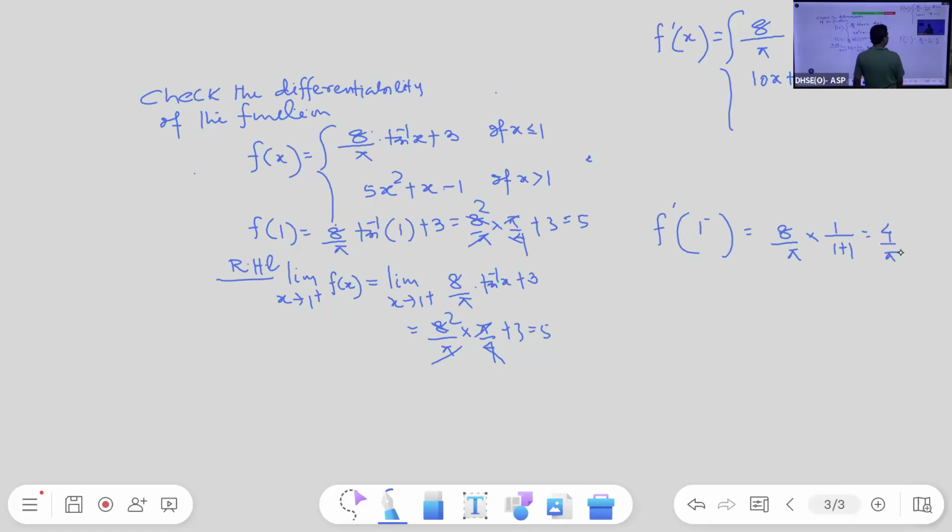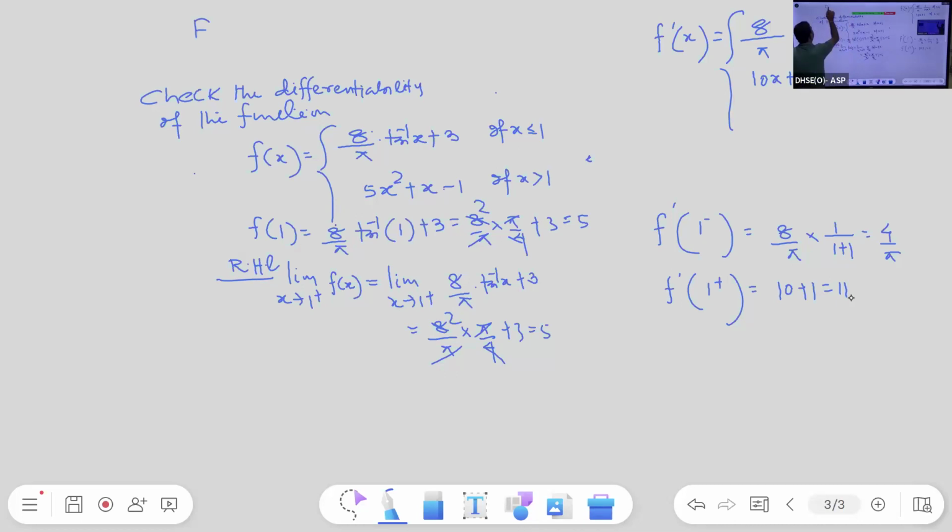So left hand derivative is 4 by pi. Right hand derivative f dash 1 plus is equal to 10 into 1, that's 10 plus 1 is equal to 11. So f dash 1 minus is not equal to f dash 1 plus, so the function is non-differentiable at x is equal to 1. Function is continuous but not differentiable.